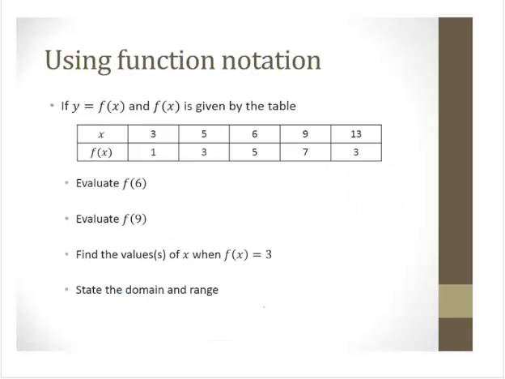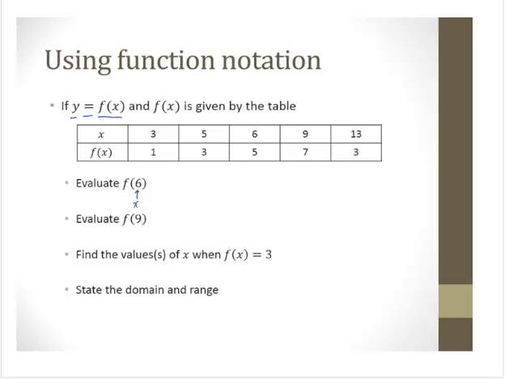So here's an example where we're going to learn how to use function notation. We're given this function, we're told y is a function of x. And f of x is given by this table, and we see this table of values. We're asked to evaluate f of 6. So 6 is the value for x. It is the input. It is the value for the independent variable.